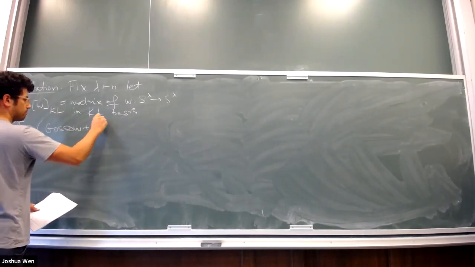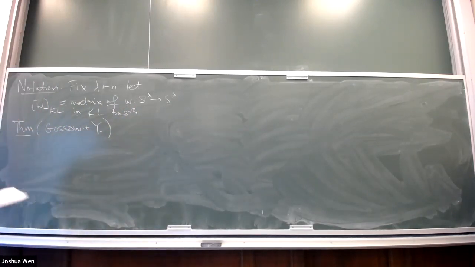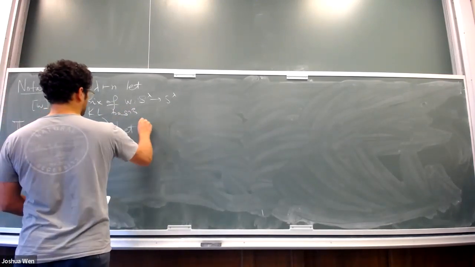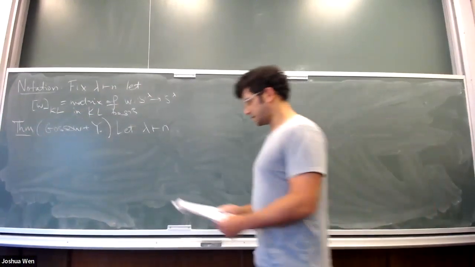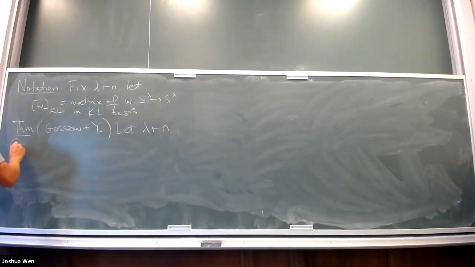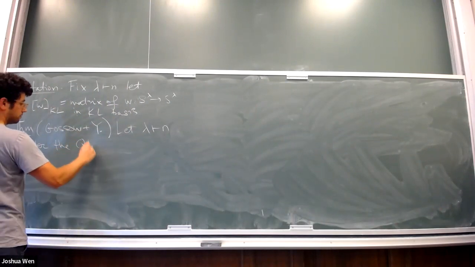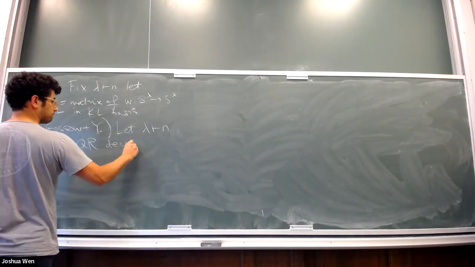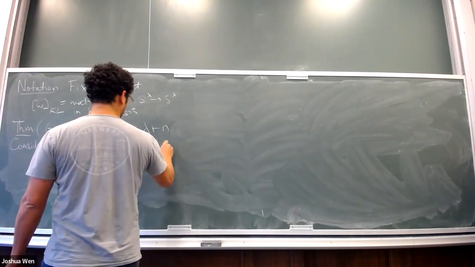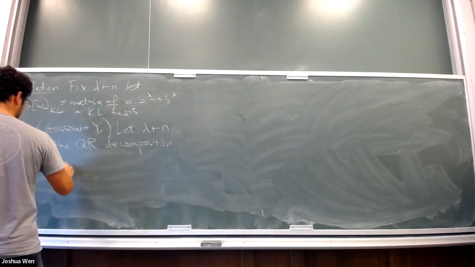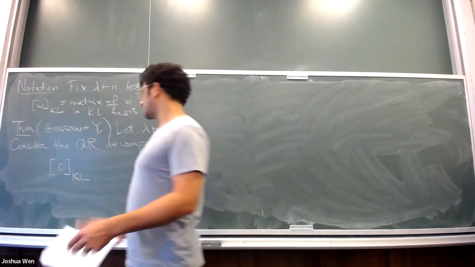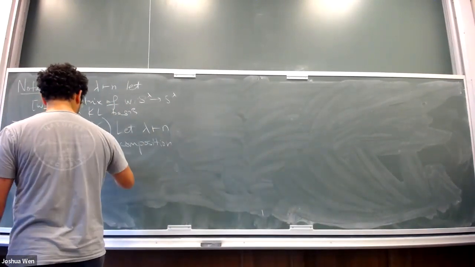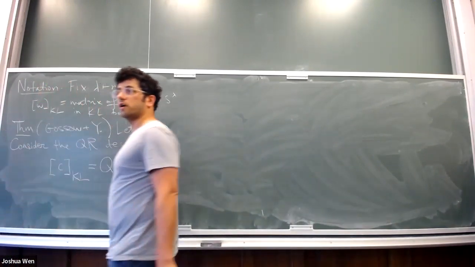So now we say, let lambda be an arbitrary partition. We don't require the rectangularity condition. And here's something that's going to seem kind of strange. Consider the QR decomposition. So I take the matrix obtained by the action of the long cycle on the Kazhdan-Lusztig basis, and I write it as a product of an orthogonal matrix times an upper triangular matrix.